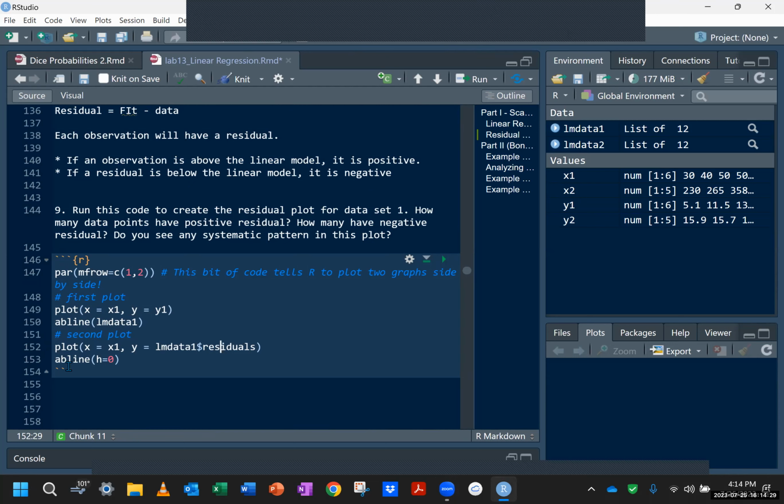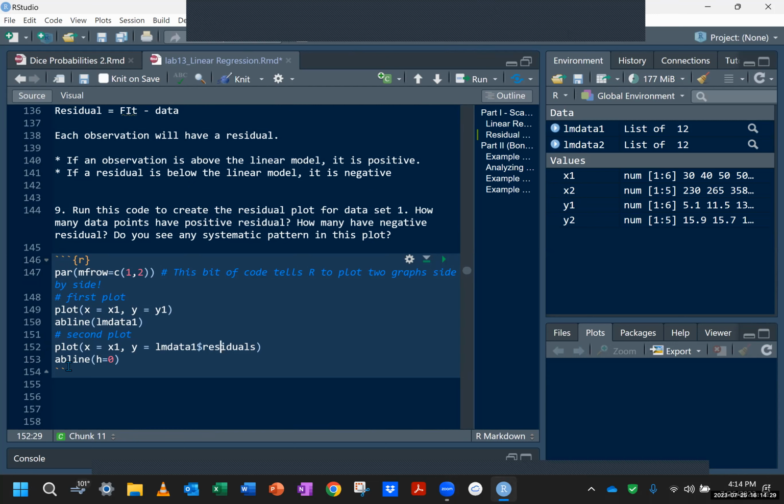And so as far as I can tell, this looks random. If it's random, that means we have a good fit. That's one of our assumptions, that we want the residuals to be random. So do we see any systematic pattern in this plot? There's nothing there.